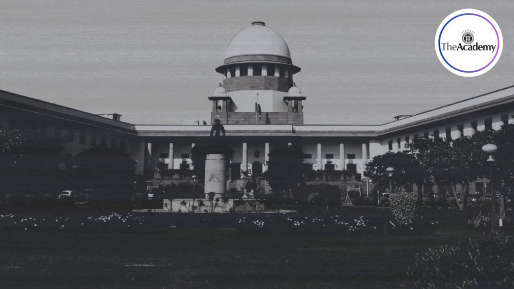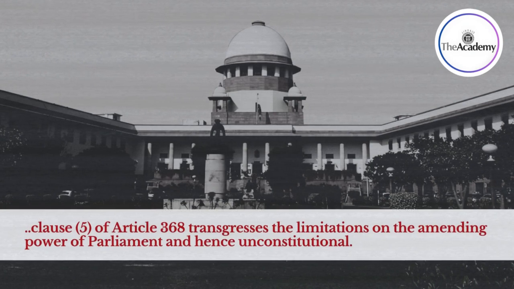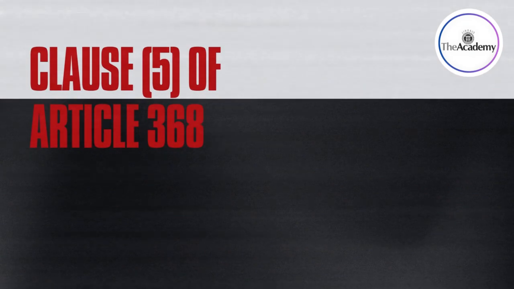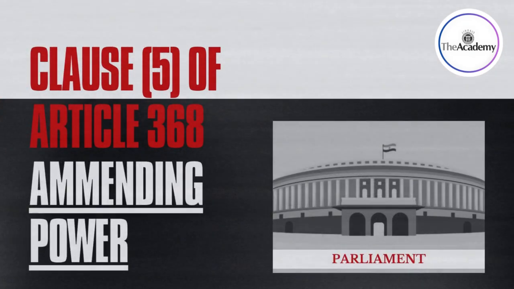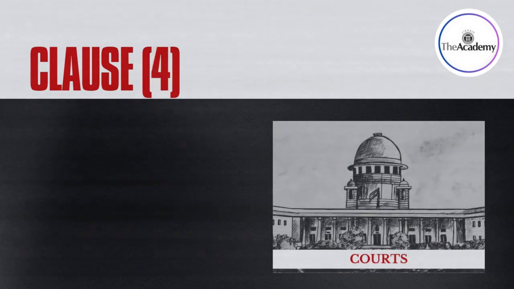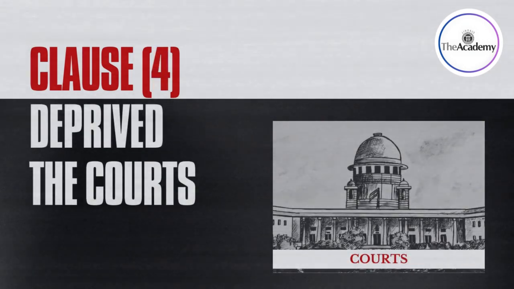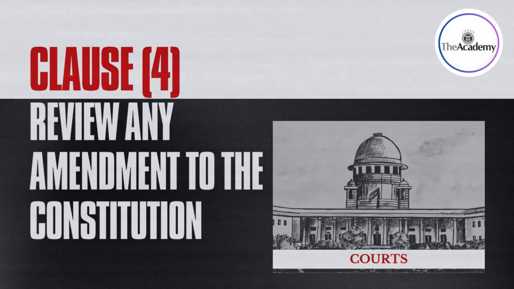The judgment. The Supreme Court held that the introduced Clause 5 of Article 368 transgresses the limitation on the amending power of Parliament and hence is unconstitutional. Clause 5 of Article 368 removed all limitations on the amending power of the Parliament, and Clause 4 deprived the courts of their power to review any amendment to the Constitution.